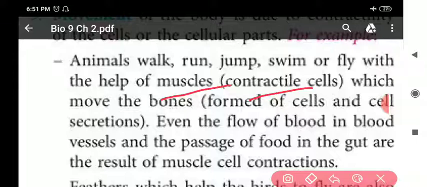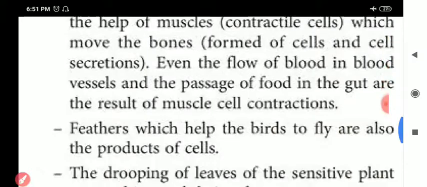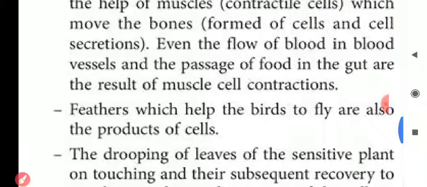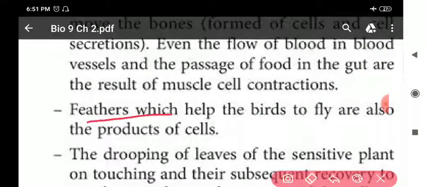So, movement is also brought about with the help of cells. Next, you can see feathers, which help the birds to fly, they are also made up of cells. Clear?